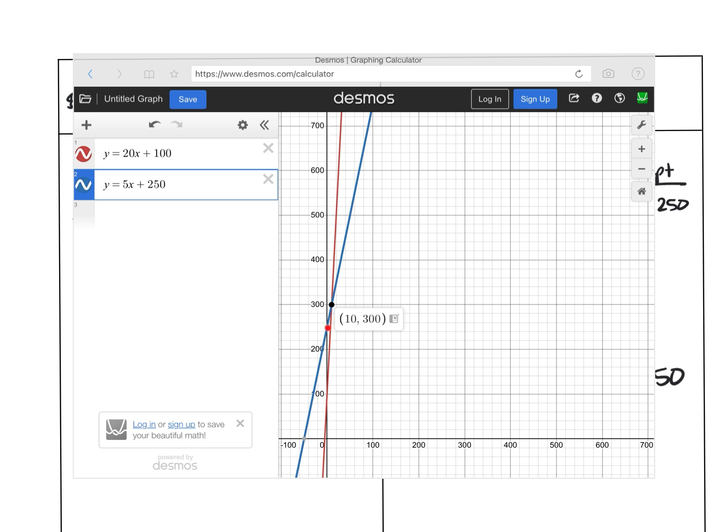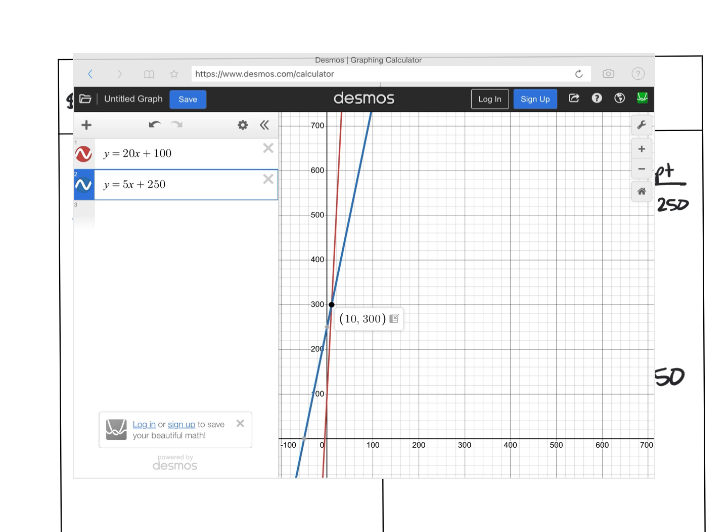That means it's more expensive. It costs us more. And our red line is below. So that's the cheaper option. So if we are not going to go to the pool more than 10 times, or fewer than 10 times, I guess we could say, then we should go with option A because we will save money that way.